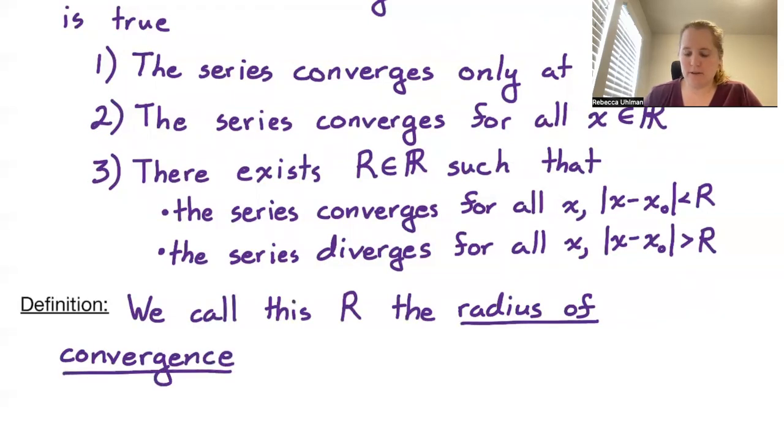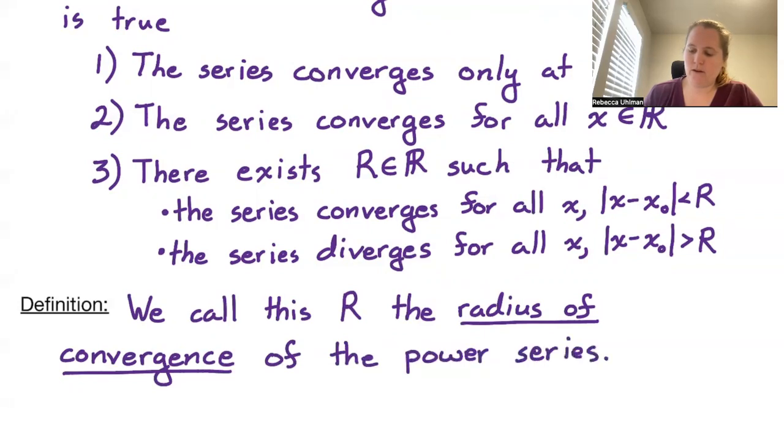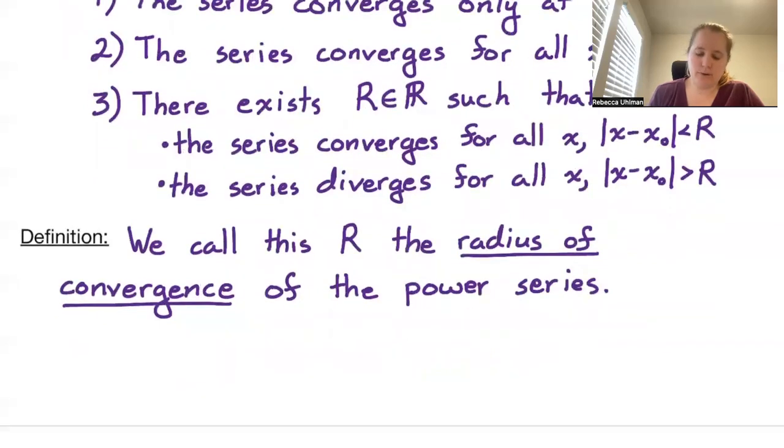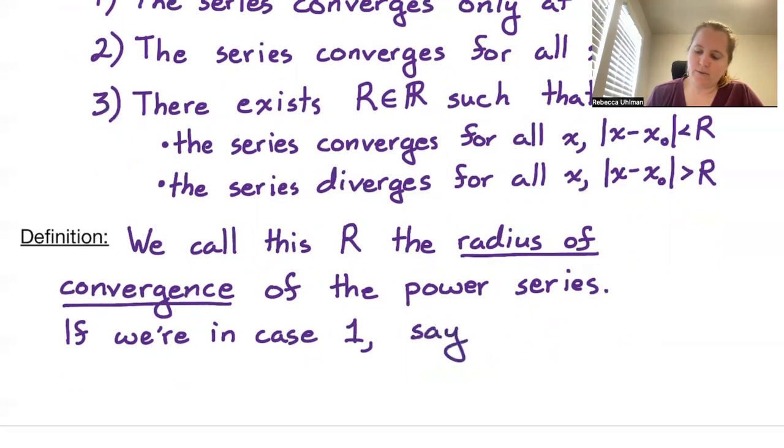So the radius of convergence of the power series: if we're in case 1, then we say that the radius of convergence, or R, is equal to 0.